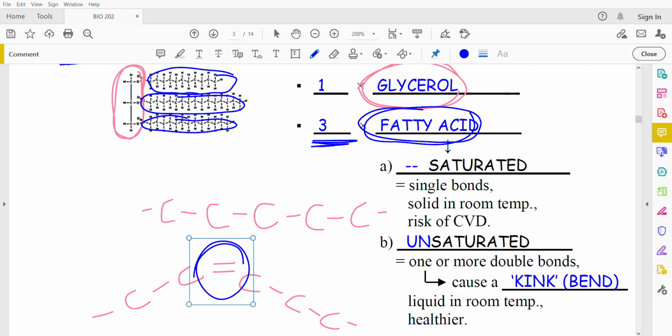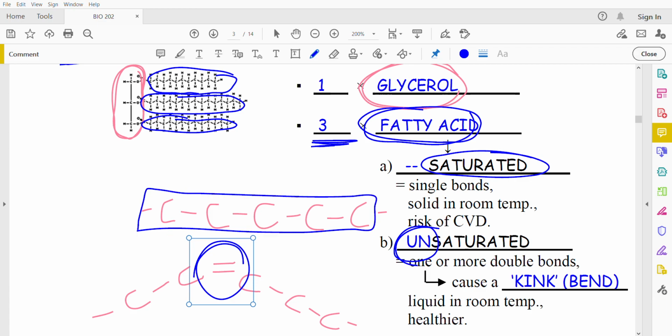So these were our unsaturated fatty acids, whereas saturated ones were a straight line in terms of their structure. Unsaturated ones had a bend every time there was a double bond. Well, why is this important? Why do we care? Why does it matter? All of those are very good questions in my mind.